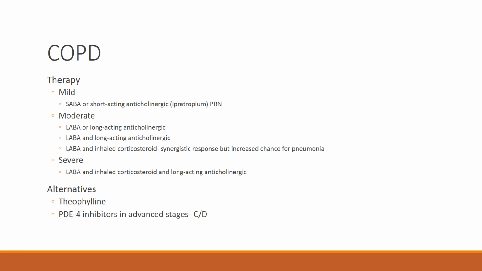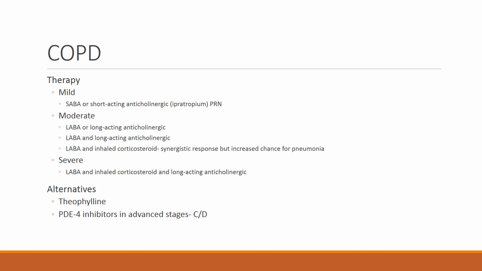There are a lot of choices, so this is where you can look at side effects, dose delivery, and what the patient's needs are, whether you go with a long-acting beta agonist by itself, which is fine in COPD, or a long-acting anticholinergic, those once a day or twice a day versions, or you may combine them, a long-acting beta agonist and a long-acting anticholinergic.